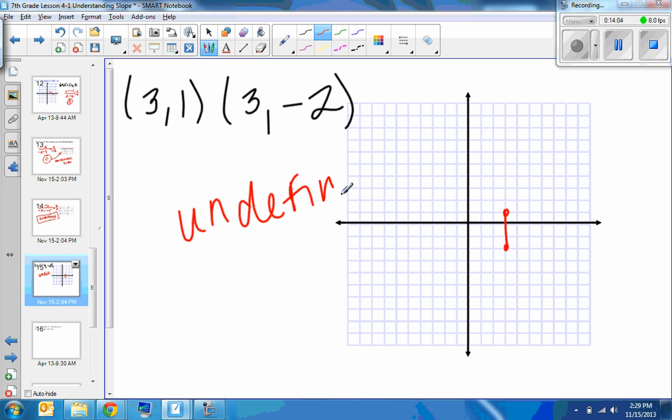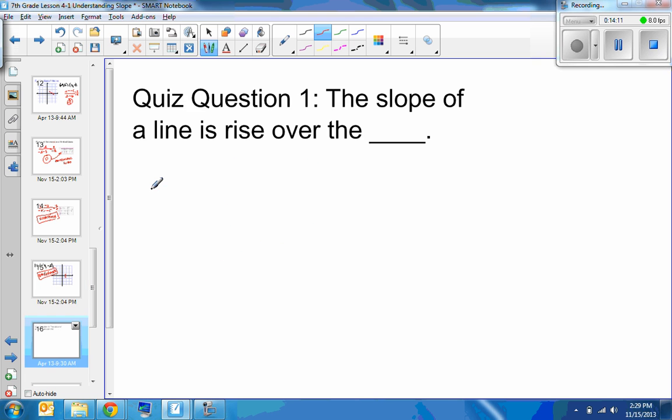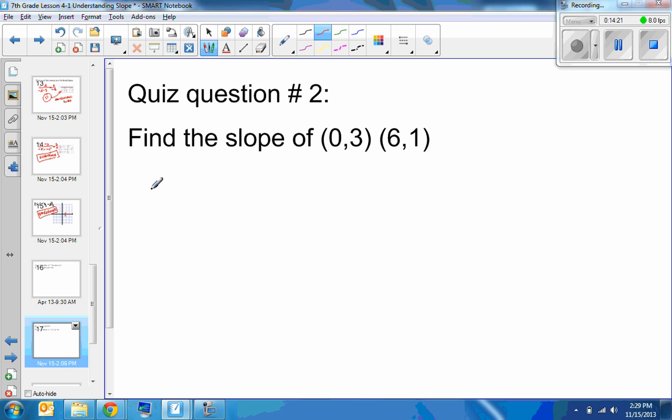So vertical and horizontal lines you need to remember. Vertical undefined, horizontal 0. So here's your quiz question 1. Quiz question 2, you can either graph it and count, or use the change in y over the change in x.